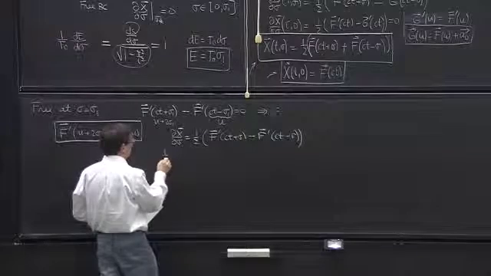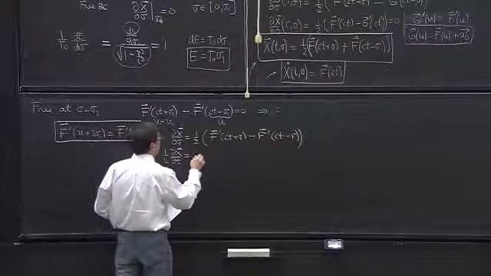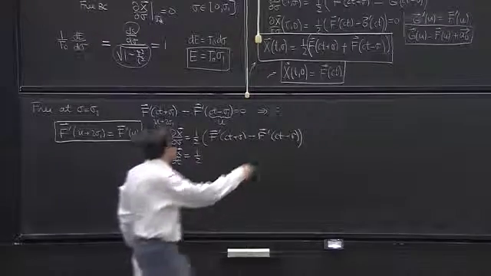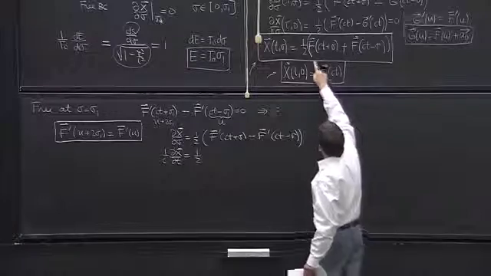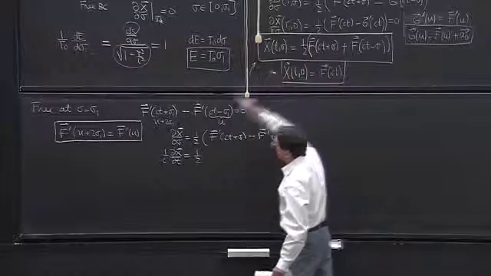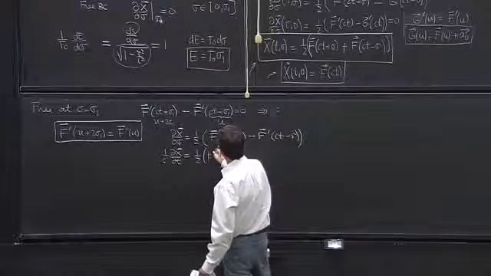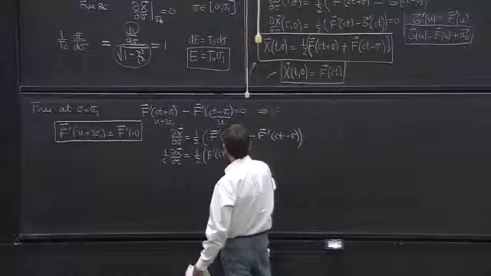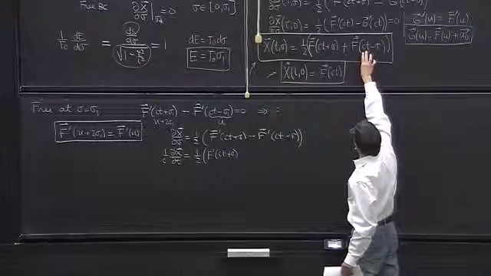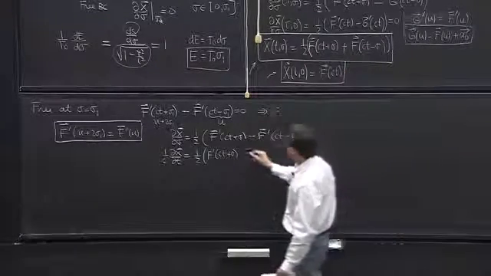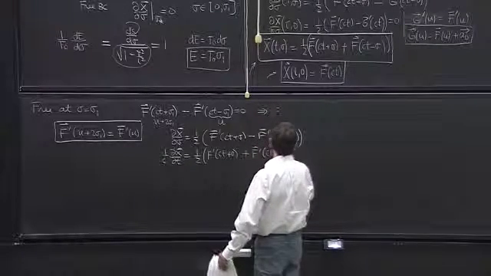And what is 1 over c dx dt? That's 1/2. Look, if you differentiate with respect to t, you get f prime of this thing times c. That's why I put the c here. So you get here f prime of ct plus sigma. And now you don't get a minus sign because you're differentiating with respect to t. So you get plus f prime of ct minus sigma.